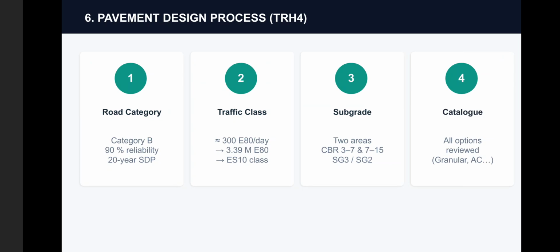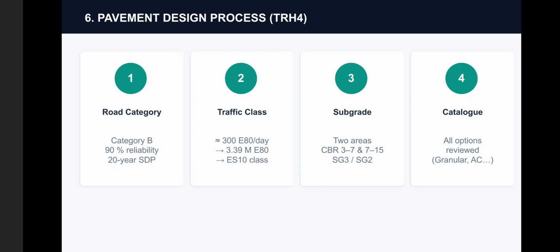For our pavement design, we used tier H4. We used a road category B, with 300 equivalent standard axles per day, which accumulates to 3.39 million E80s over 20 years and places the road therefore in the ES10 traffic class.